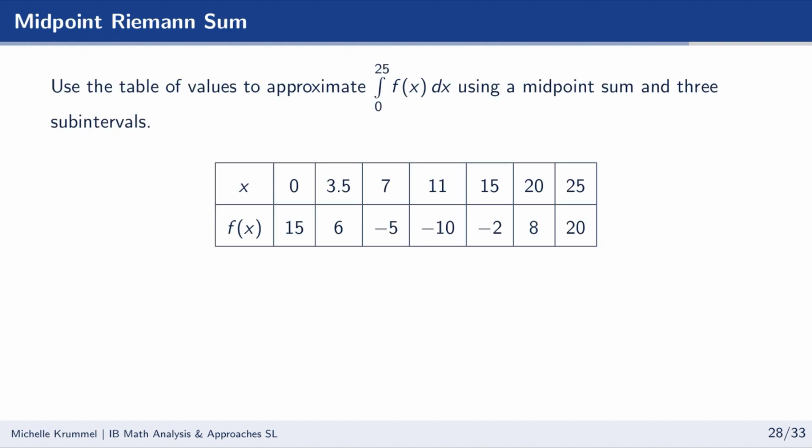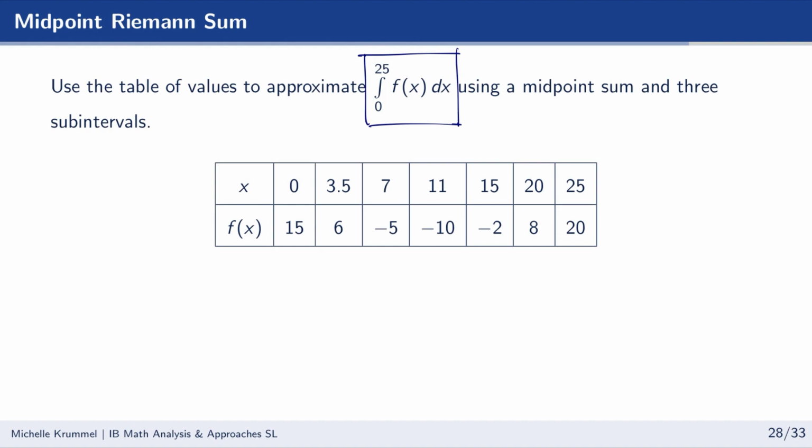So now we're going to make a connection between the area under the curve and the definite integral, which we talked about in our last lesson. Use the table of values to approximate the integral of f of x dx from 0 to 25. So we haven't seen this notation before. We're going to talk in detail about where this notation comes from in the second part of this lesson.